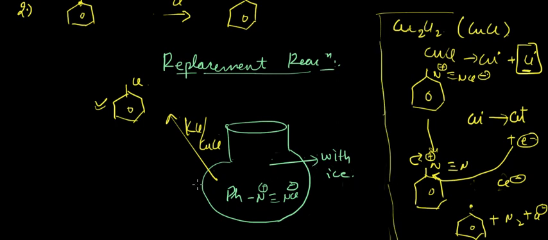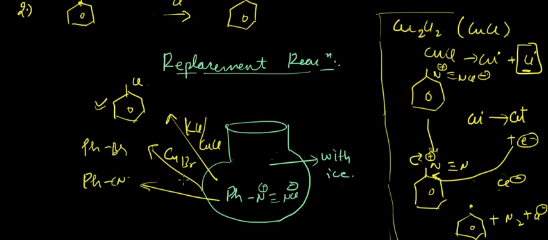Now if we pass it in presence of CuBr, then we'll get PhBr. In presence of CuCN, we'll get PhCN.